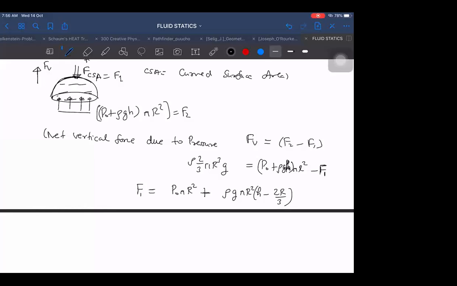Plus only. It is plus here, because F1 comes this side, it becomes positive. This went that side, it becomes negative. Okay, sir.